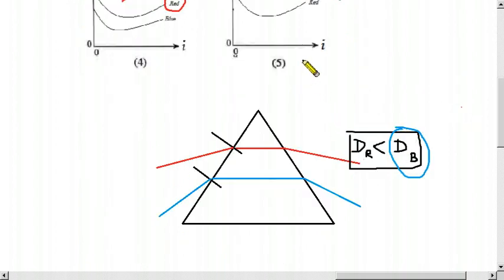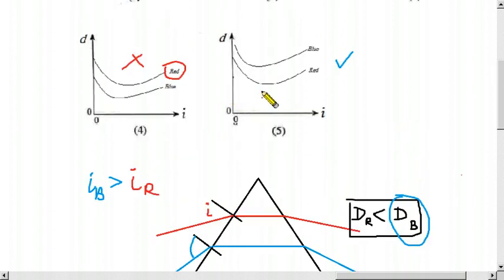Now let us check the I value. I value means this value. This axis we are going to now consider. So I value of red is smaller. I value of blue is greater. I of blue is greater than I value of red.